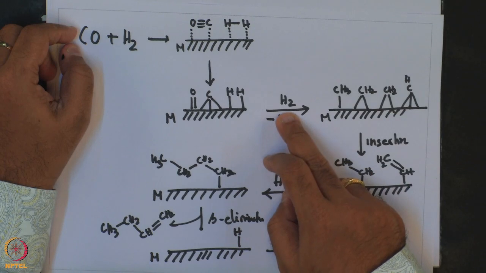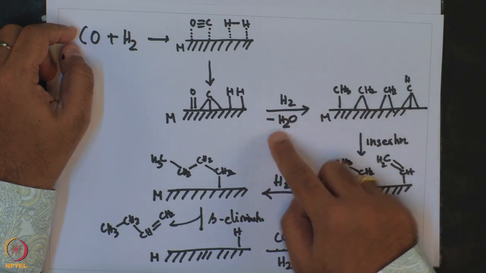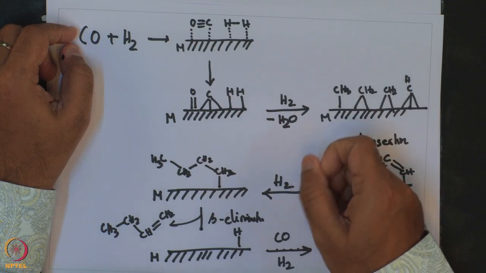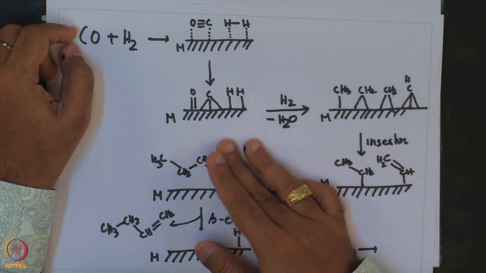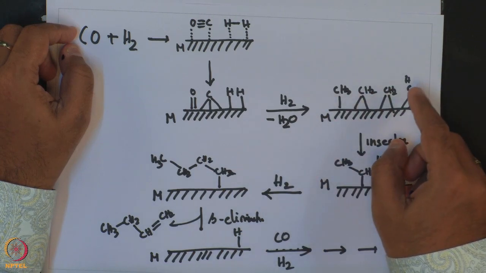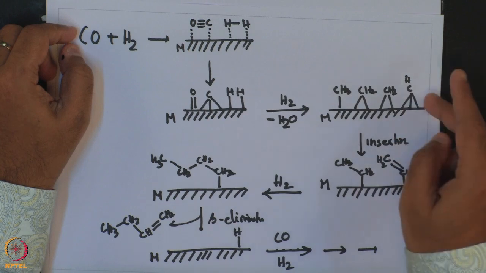The reaction with hydrogen produces water which is eliminated, or which leaves off the surface, along with the generation of methyl, methylene or CH moieties.